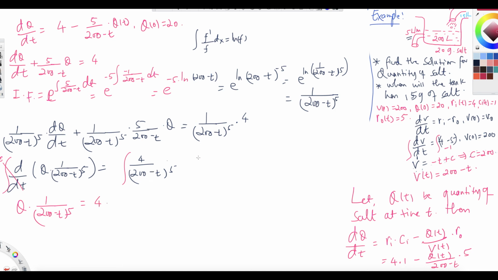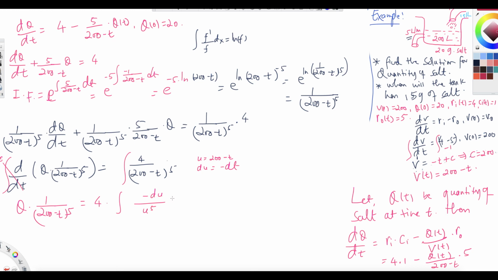If you let u equal 200 minus t, then du will be negative dt. So the negative will go out there, right? So this will be u to the 5, and you'll get negative du over u to the 5. You see that?